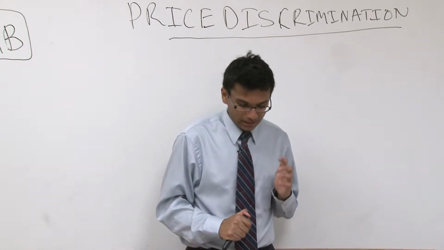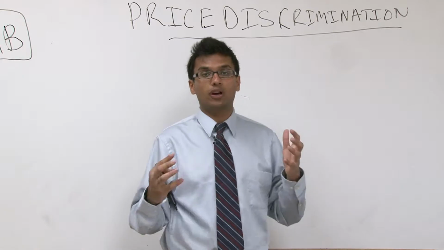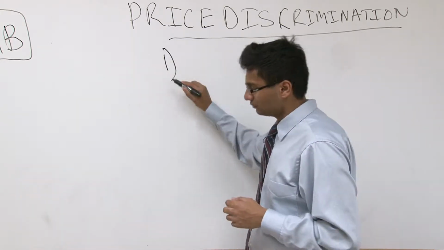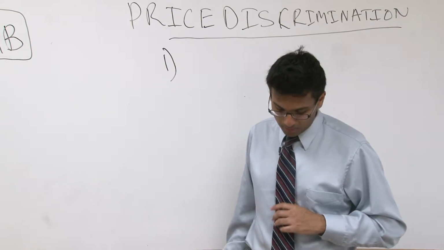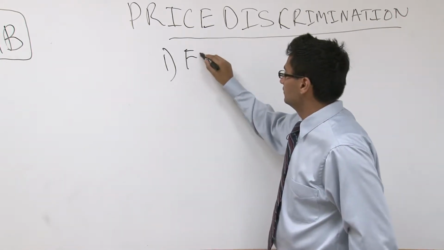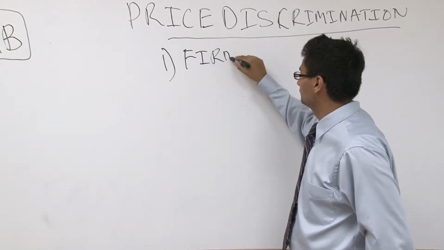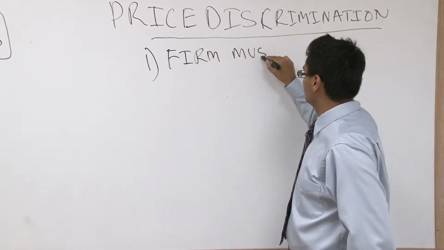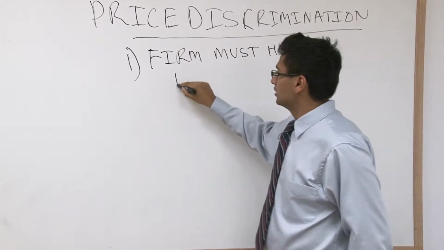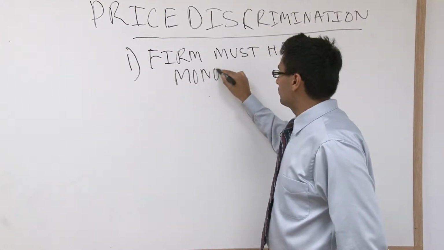So let's talk about the 3 conditions that you need to have for price discrimination to actually take place. Number 1 is the firm must have monopoly pricing power.